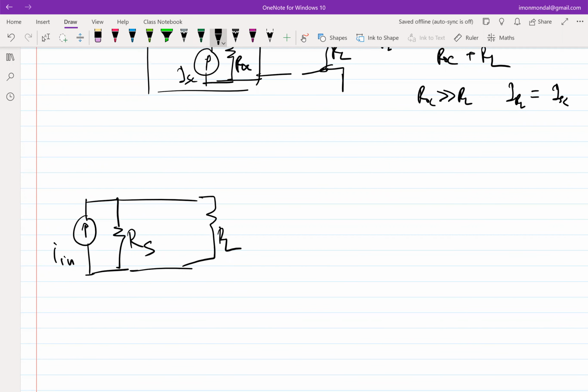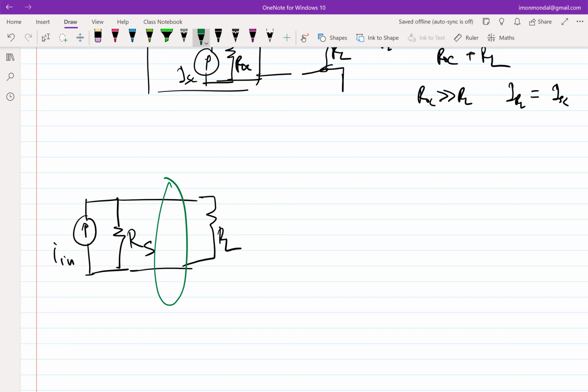Now you can readily see if RL and RS are comparable to each other, that's not possible. For example, if RL equals RS, then obviously the current that will flow into RL will be half of I in, and that is not something that we want, which means that we need to put something here in between so that I am able to push all of I in into RL.